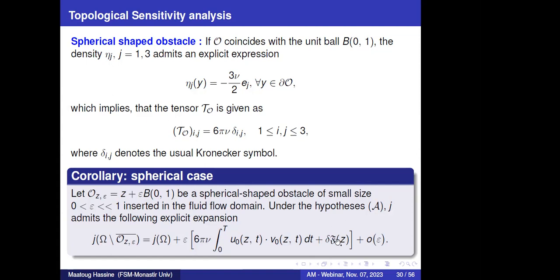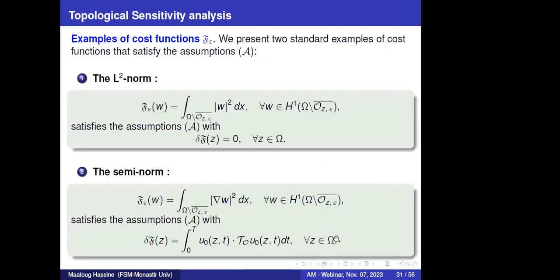The delta F in this term represents the influence of the considered shape function. So we present here two standard examples of cost functions that satisfy the assumption. The first example is concerned with the L2 norm.